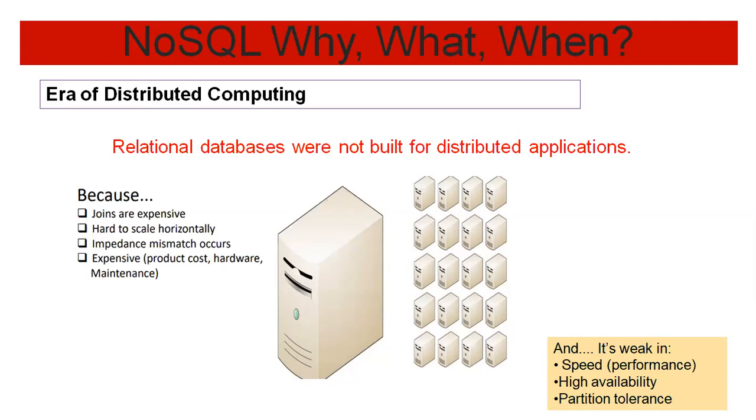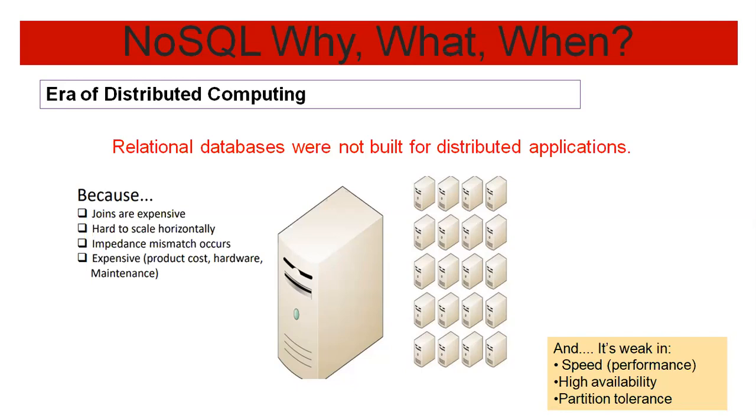So relational databases were not built for distributed applications. The major problem was that distributed applications were difficult to implement with the traditional RDBMS. The reason was that joins were expensive, because in RDBMS we separate a database into different relations, and whenever we want to retrieve the data we have to use joins.